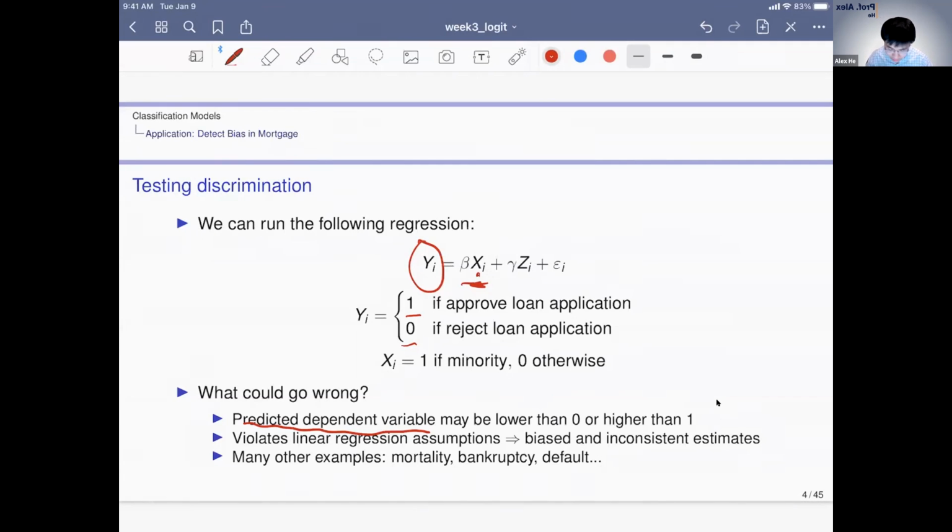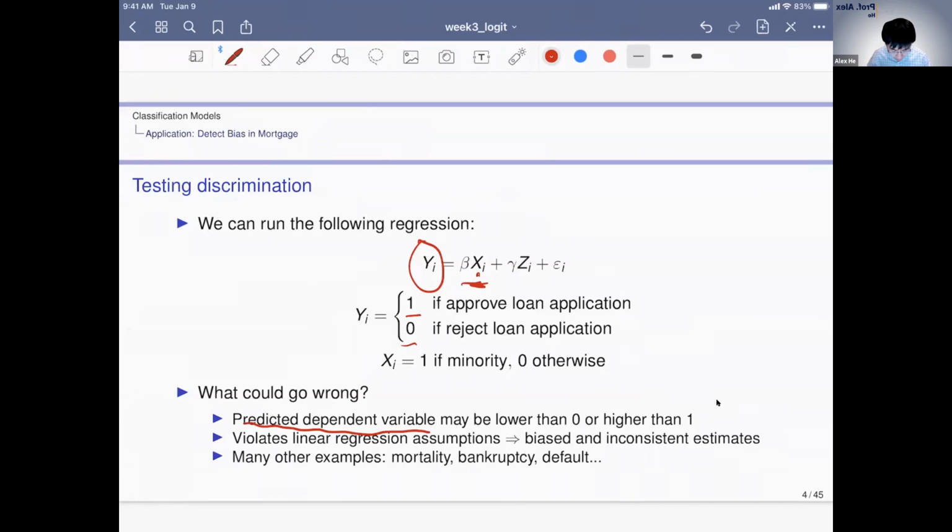It could be either negative or go above 1. And in those cases, it doesn't really make sense, right? What does it mean if the predicted value is like -1? We want something that predicts either 0 or 1 or something between, right? If it predicts 0.5, at least it means that it has a 50% chance of getting accepted. But if it goes above 1 or below 0, then it doesn't really have any meaning.